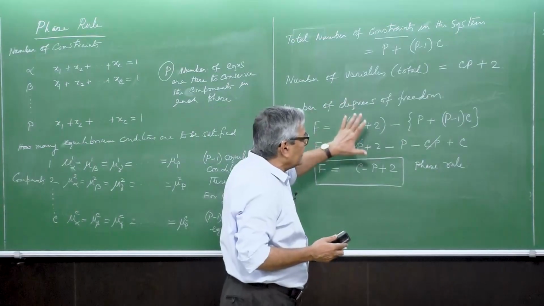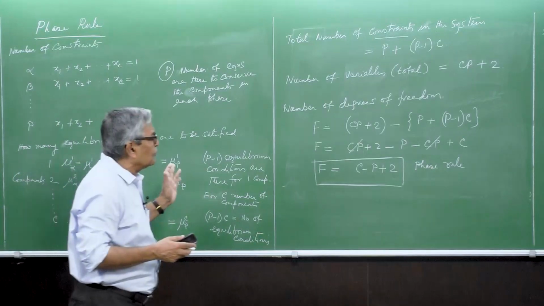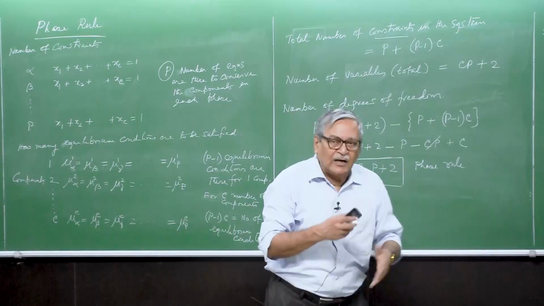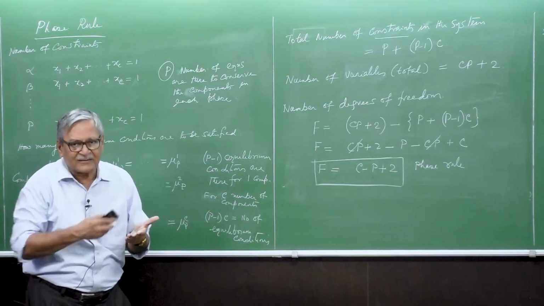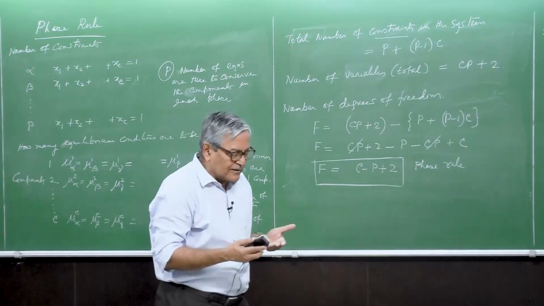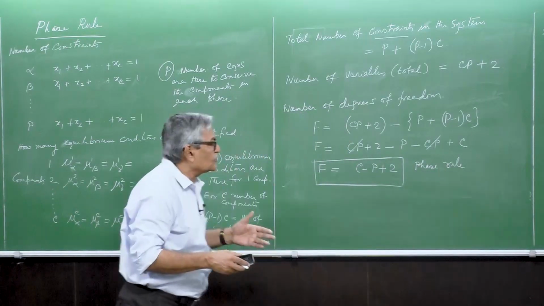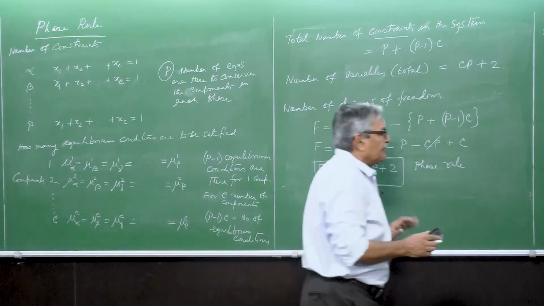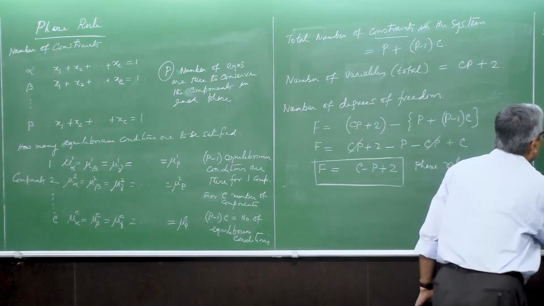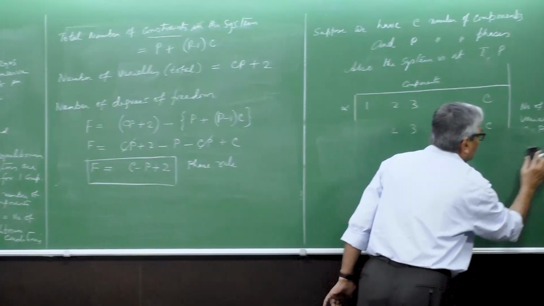But this is a very tricky thing that one must remember. And also what we have not taken into account are the number of reactions. If reactions are there, they are special cases and they are also constraints for the system. So those constraints must be taken into account. But this is for a purely non-reactive situation.